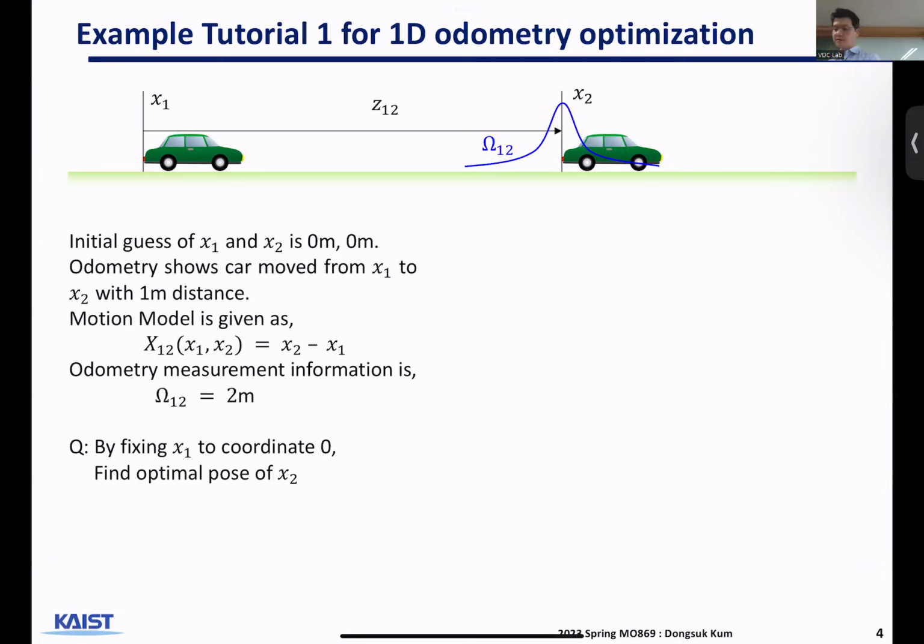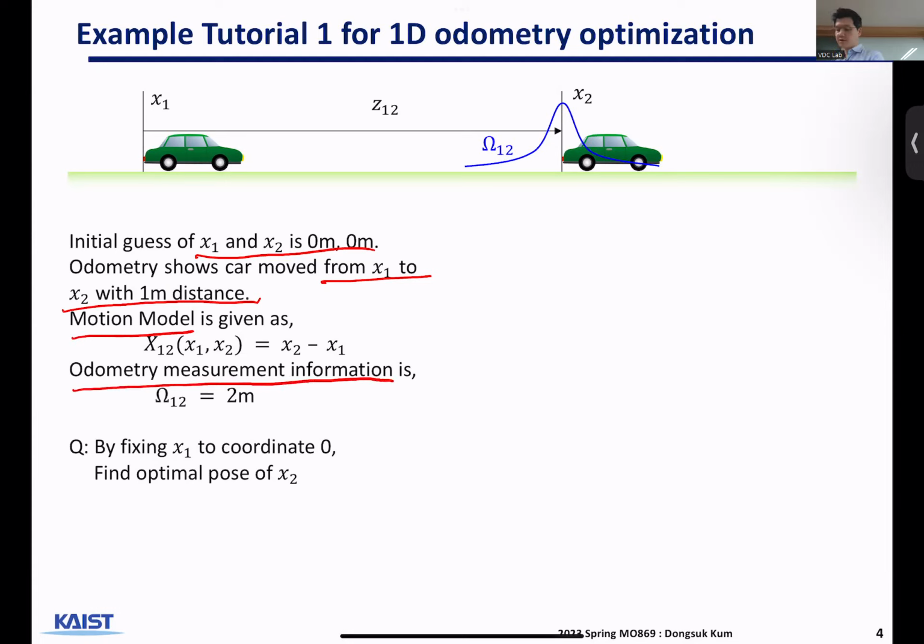We have initial guess X1 and X2. Odometry says X1 to X2 is 1 meter. And this is the motion model. And this is the measurement uncertainty.